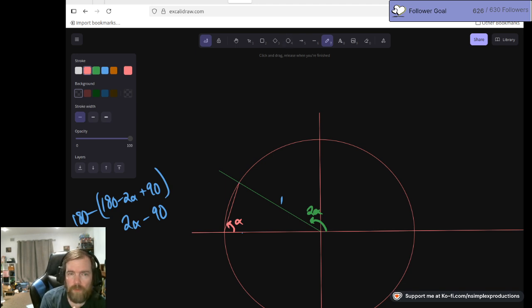I'm looking at it from the wrong perspective, so that's why. There's a 1 there, right, which is going to guarantee that this is also alpha. Right, and then this is going to be 180 minus 2 alpha. Okay, that's better.